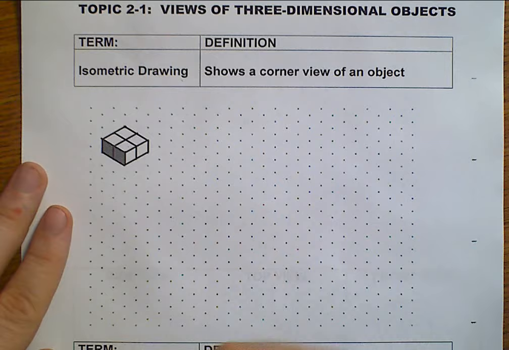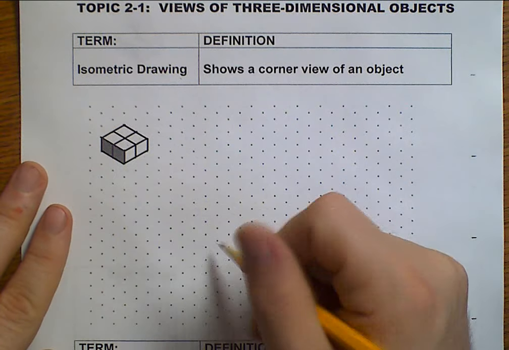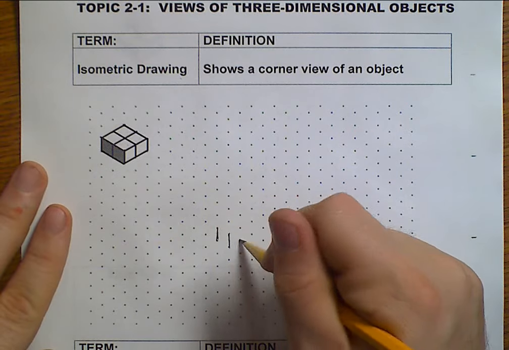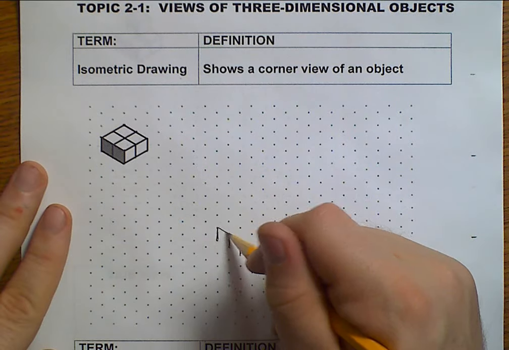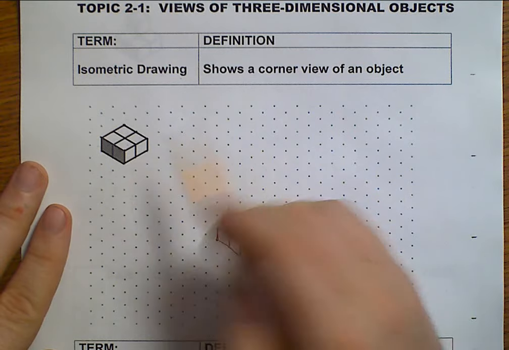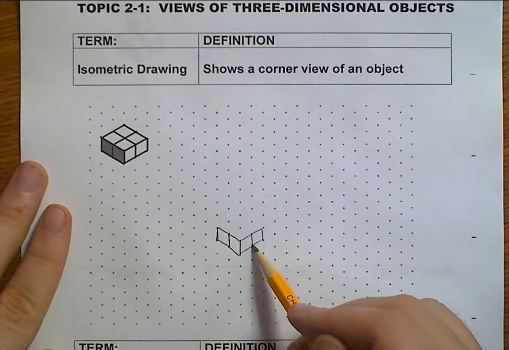So the first thing we want to do is go ahead and draw this side. We'll have 1, 2, 3 vertical lines. They're connected on the top and on the bottom. Then it goes over twice. And so that's the front.